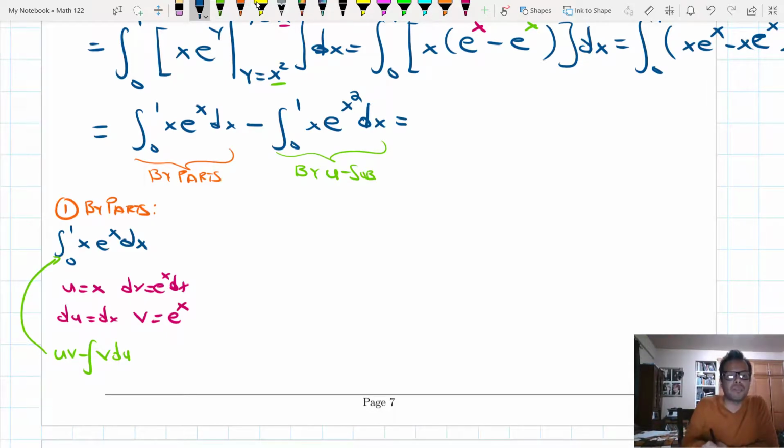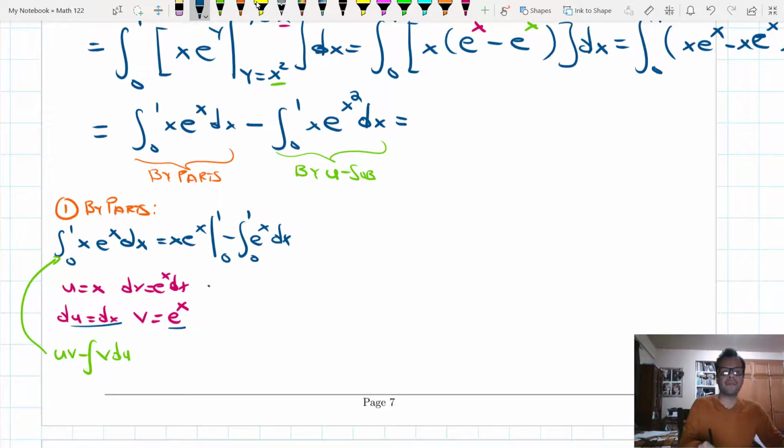So u times v, which is x e to the x, from 0 to 1, then minus the integral of v du, which in this case is e to the x dx. Go from 0 to 1.